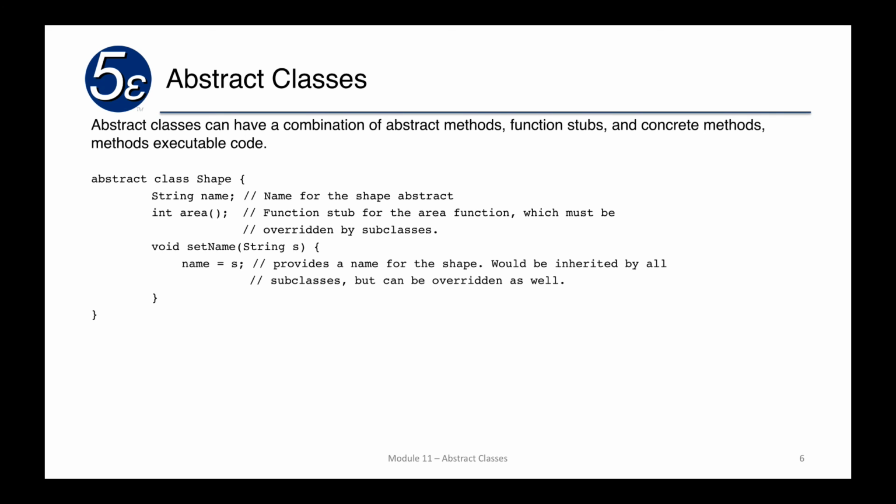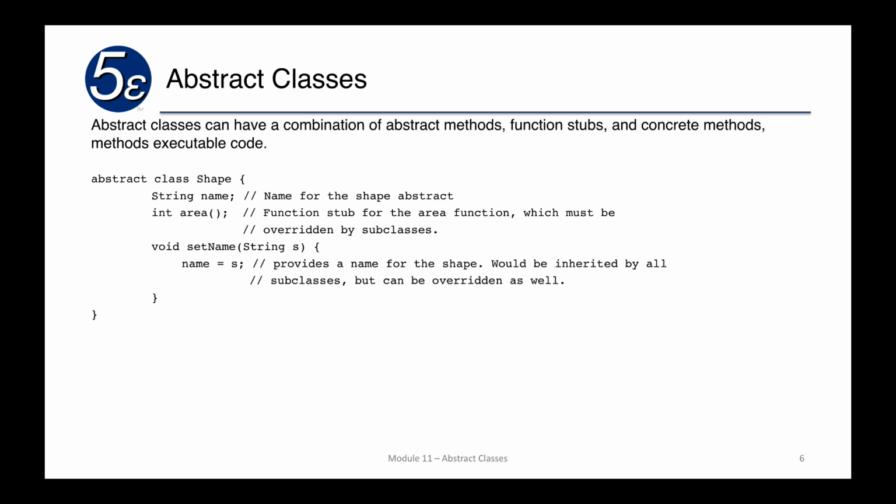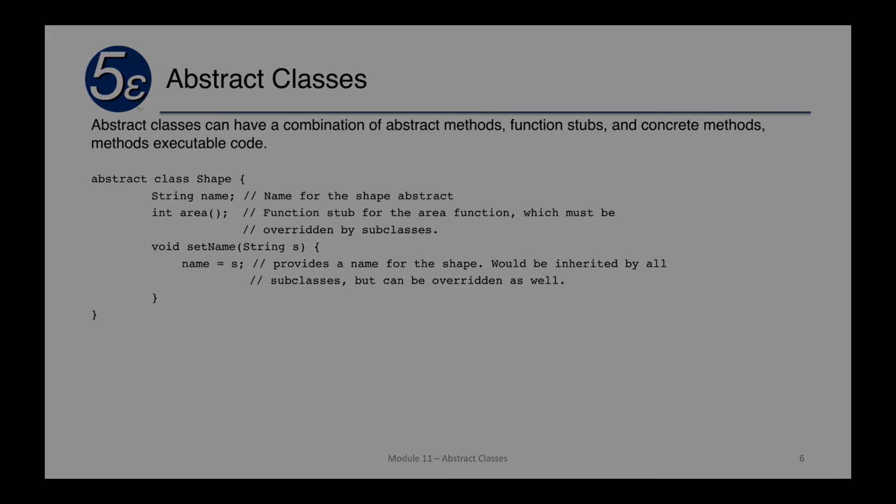And this is the actual concrete code. So the circle class and the rectangle class from the slide before would now have access to this set name method, which they could use. And it could be overridden if the programmer wanted to, but in this case it is providing at least one of the methods. So abstract classes allow you to have a combination of both abstract methods as well as concrete methods.